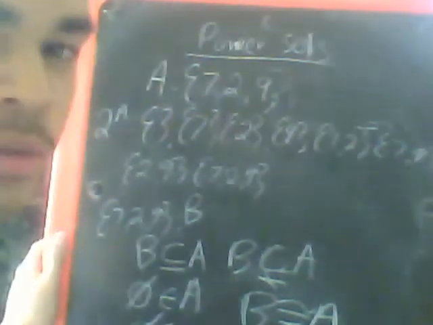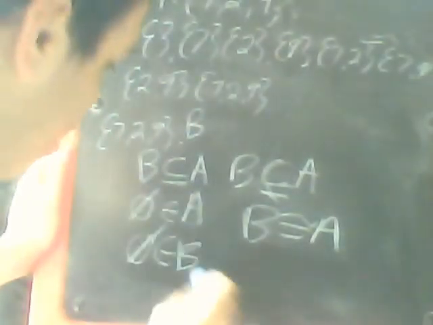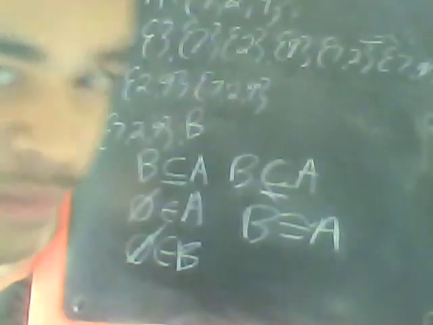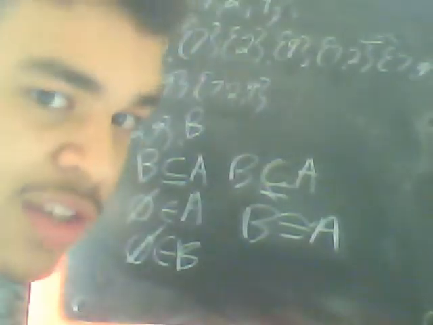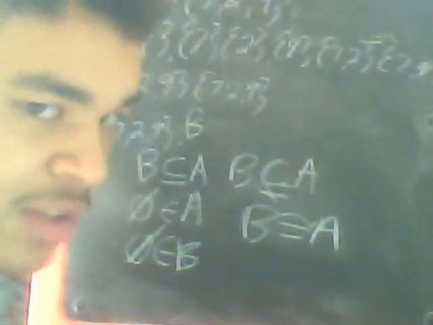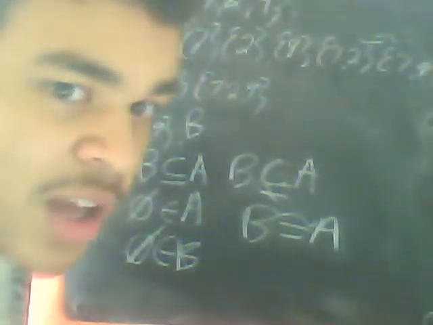So again, let me rephrase that. B is the same thing as A, because isomorphic means the exact same thing. They have the exact same elements in both, and we can also say that B is an element of A. We can say a lot of different things about these two sets.